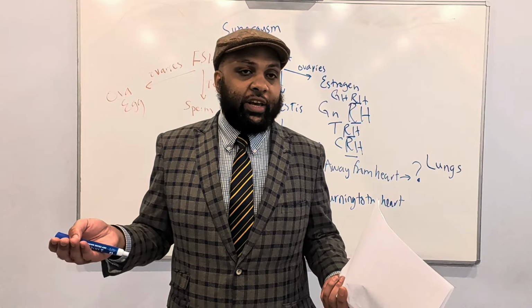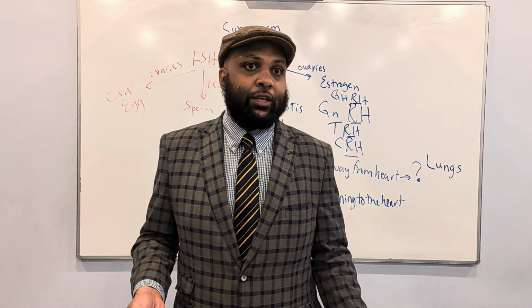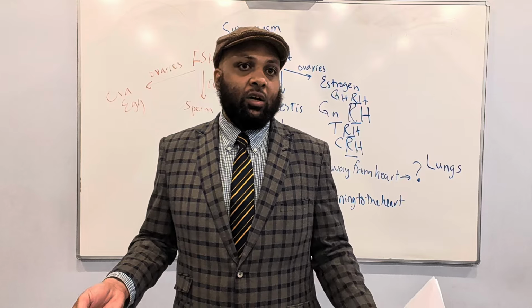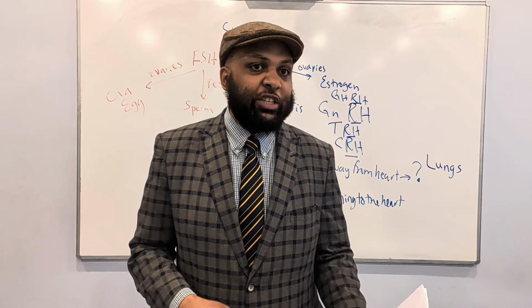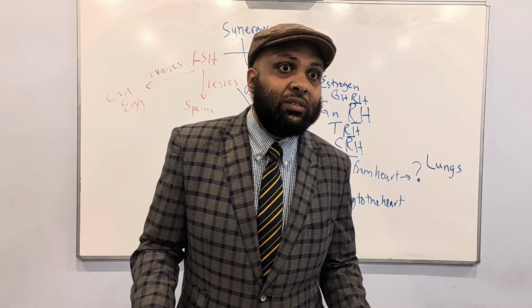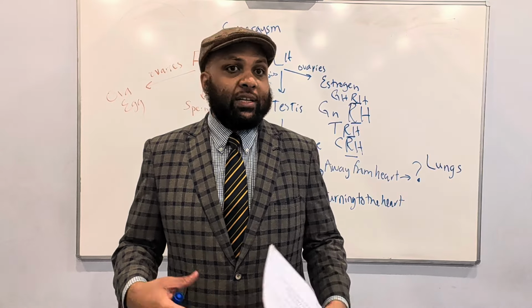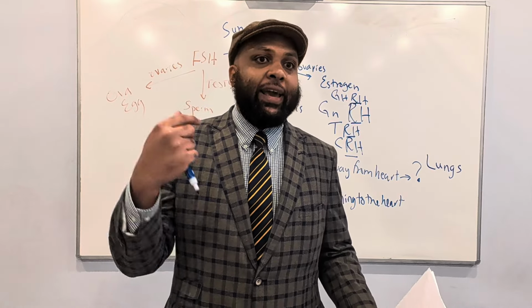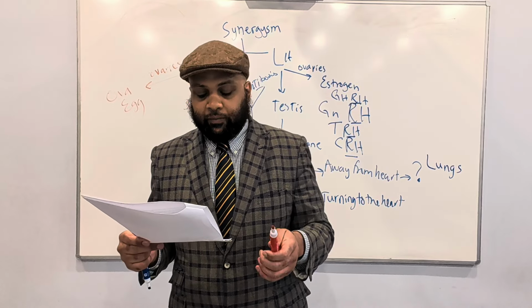Because the blood pressure is too low. Because we lost water in the sweat. We're dehydrated. Because of a gunshot wound, we lost blood. Because of a laceration, a stab wound, we lost blood. Blood pressure drops. We cannot afford to lose any more water. ADH, antidiuretic hormone, to prevent the loss of water.